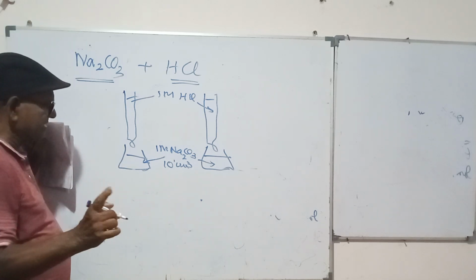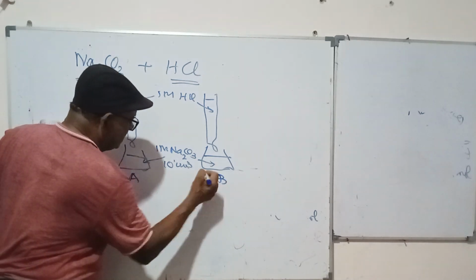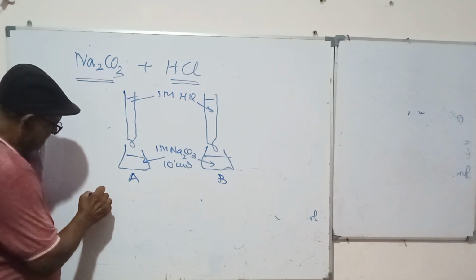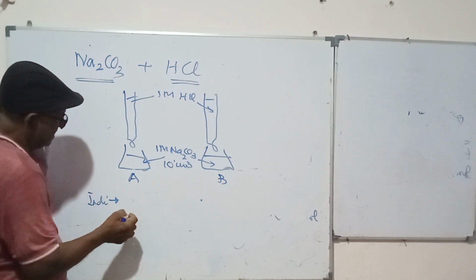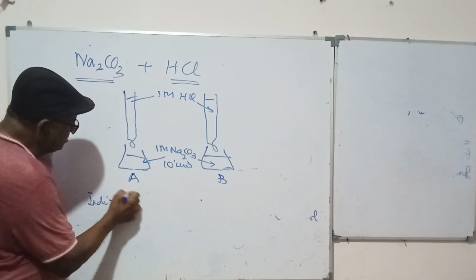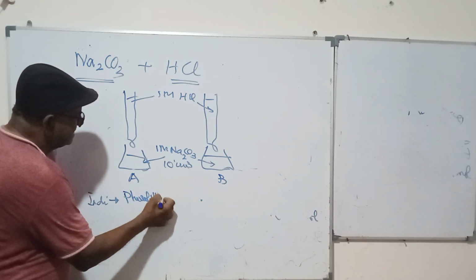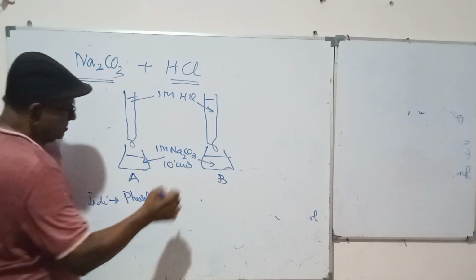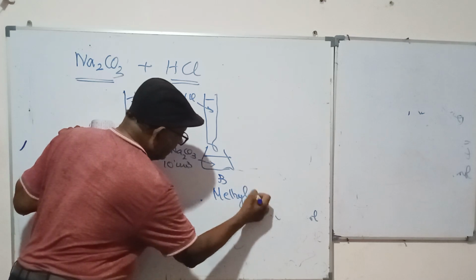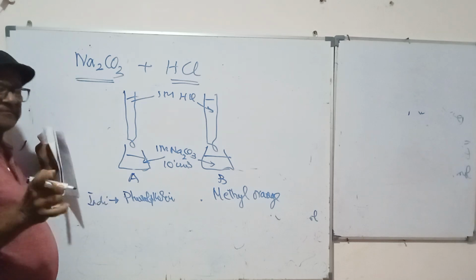But the difference is, if this is A, this is B, the indicator: to the A add phenolphthalein, to the B methyl orange. This is the only difference.